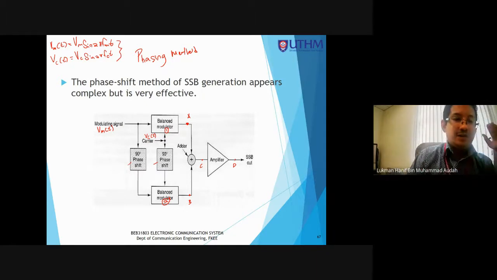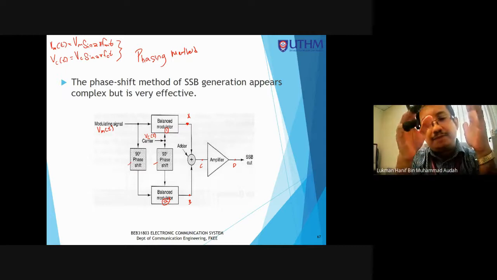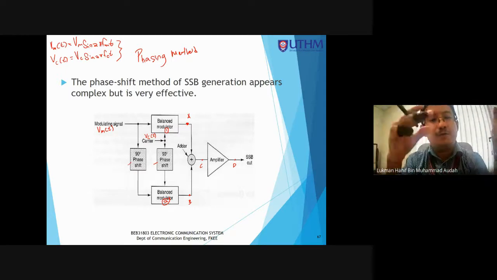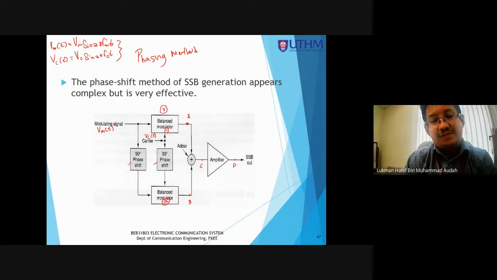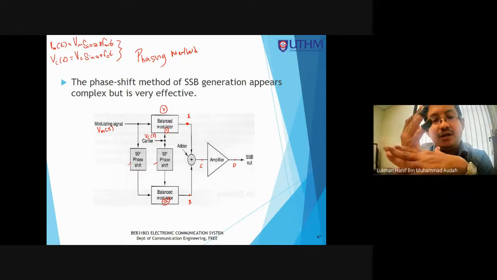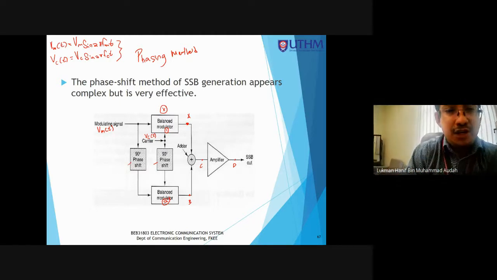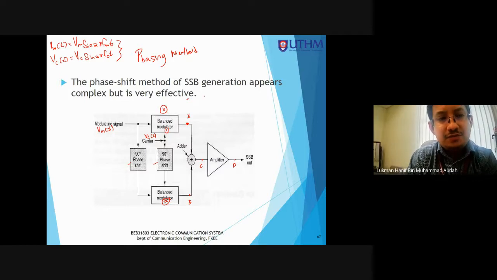So kita akan lihat one by one, so perhatikan kelas. So let's look at the first balance modulator. Mari kita lihat pada balance modulator yang pertama apa yang berlaku. Okay. So here you see that balance modulator will do the process of mixing or multiplication dalam mathematics. Bermakna pada point A, ini adalah VMT multiplied with VCT.